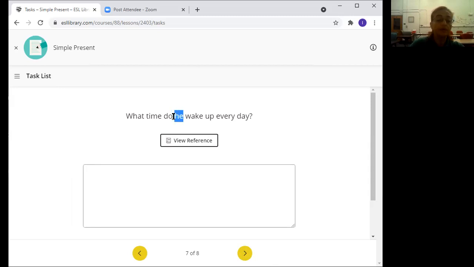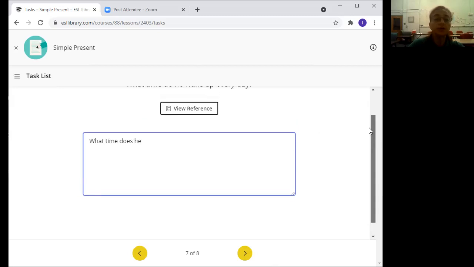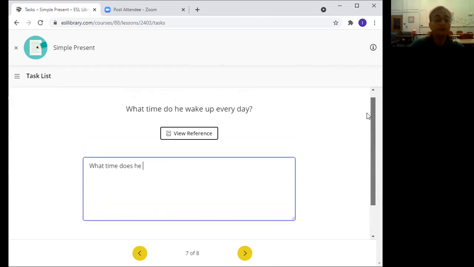He is a third person singular, so we need to use does, not do. What time is a question. Helping verb does, he, wake up every day. What time does he wake up every day?